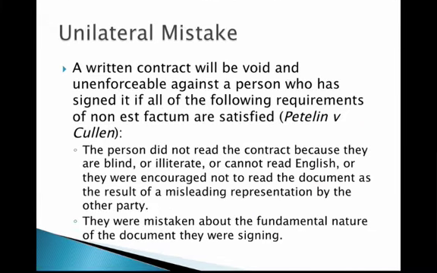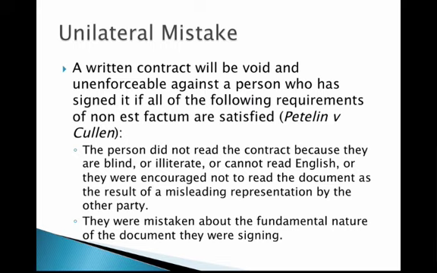You can see on this slide that the requirements of non est factum require, one, someone who really can't read the contract because they're blind, illiterate, can't read English, or that they were induced not to read it as the result of the actions of the other party, a misleading representation. So you can see that either the other party mustn't be coming with clean hands, they've done something wrong around the action, or the other party just physically can't read it.